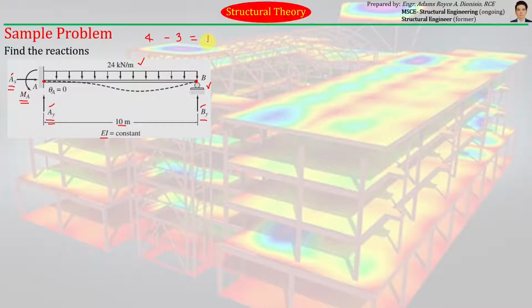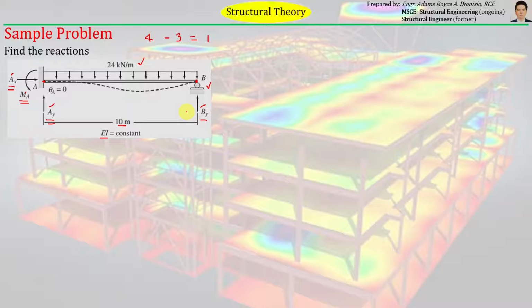But we will try to solve this structure. We will try to solve for the unknowns using the concept of the method of consistent deformation, or the force method. Actually, it's called force method because we are trying to analyze the given structure by calculating the unknown forces.